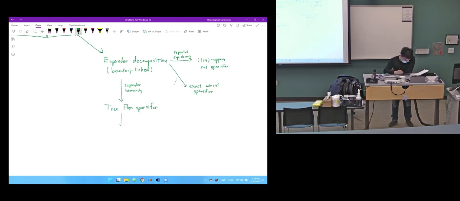But let's continue here. From tree flow sparsifier, you can get a congestion approximator.